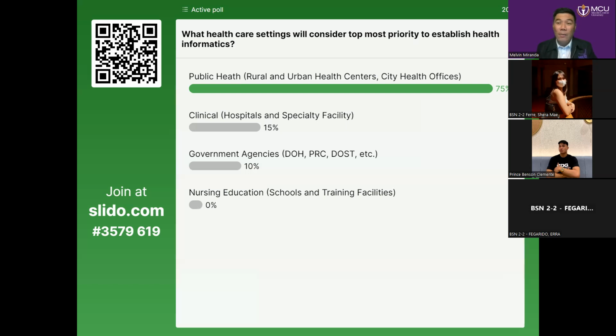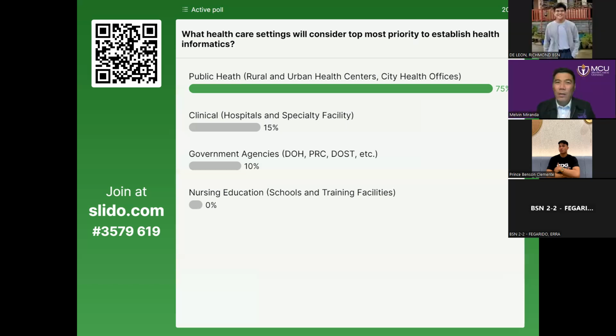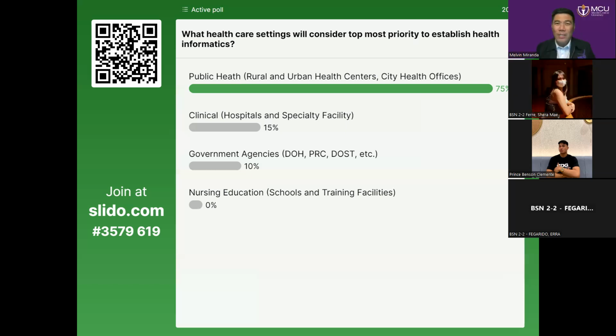And this will definitely be cascaded to the appropriate agencies as well, di ba? So that it will already facilitate an initiative that will support the prevention in a certain locality, barangay, or areas that are very significant due to the scarcity of resources. And very good observations.